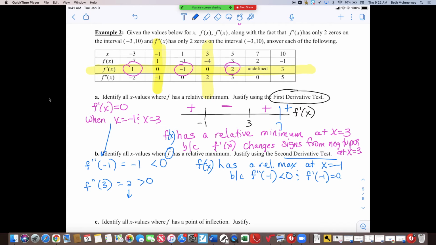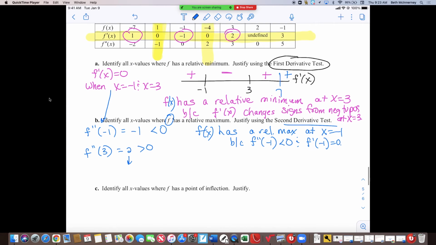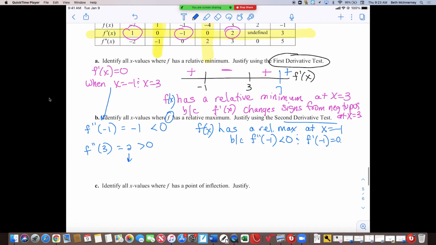Okay, so now, letter C. Identify all x values where f has a point of inflection and justify. So let's play the what-do-I-know game. Yeah, Logan? You know the critical points are x equals -1 and x equals 3. Is that right?